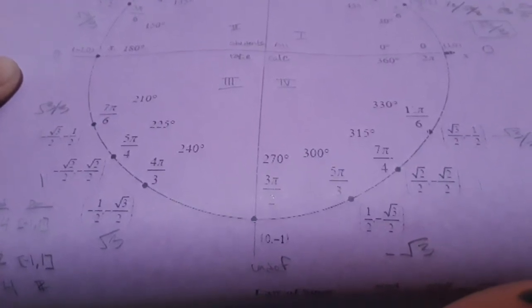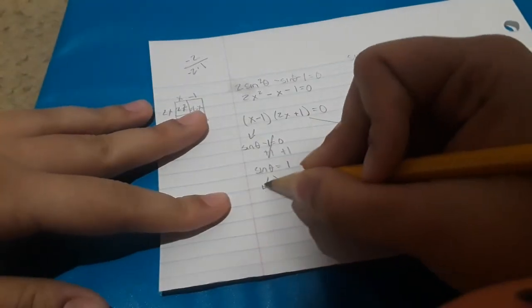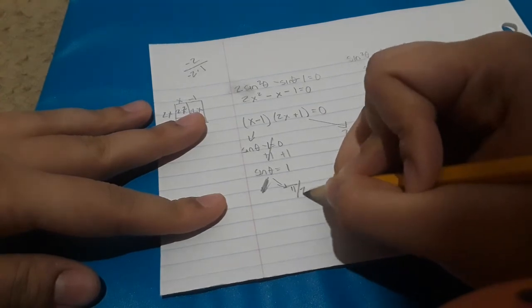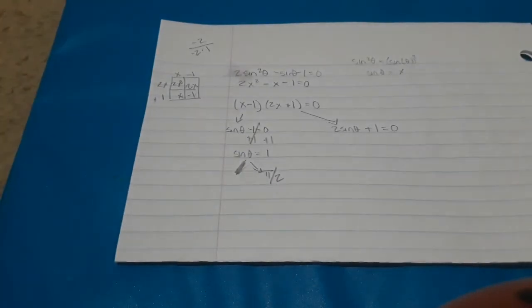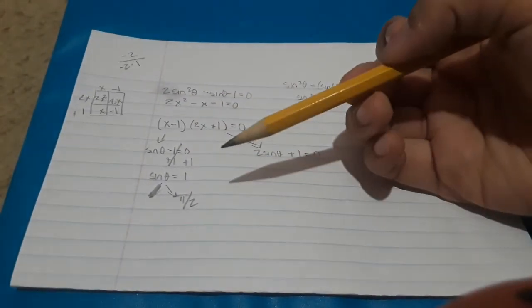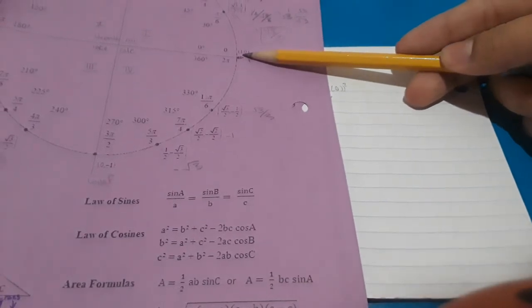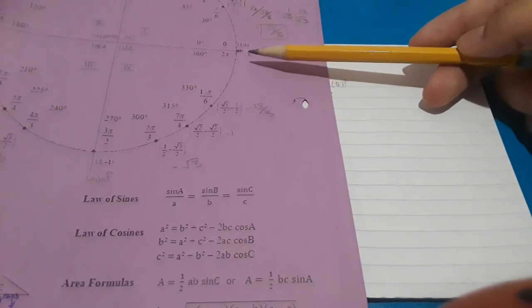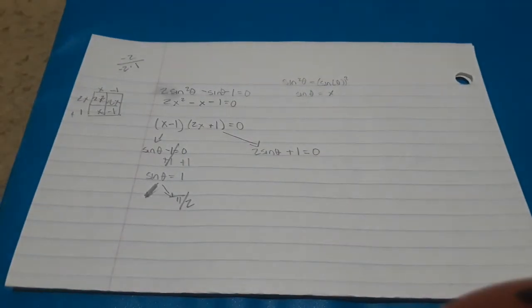The only spot we're going to get that is at pi over 2. That's the only place we'll get 1. If we look here, our y value is only going to be right there, which is just our good old 1/2 pi, basically. So pi over 2.